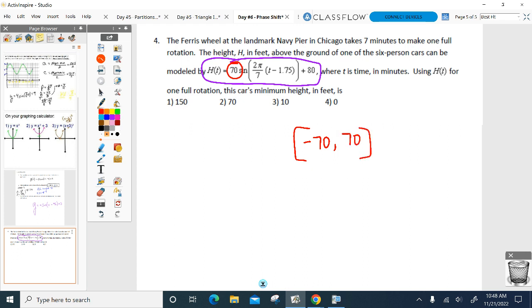And what's the other value I care about now? The shift. Now I'm moving everything up 80. What was my new minimum? 10, and I know I don't care in this problem, but the new max, 150. So 10 is your minimum.